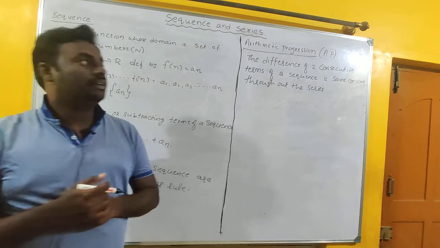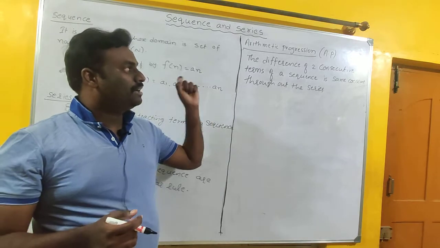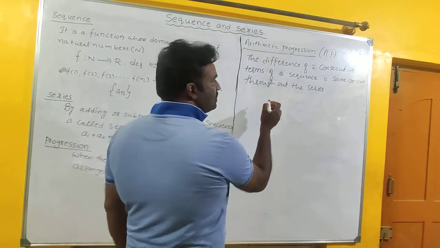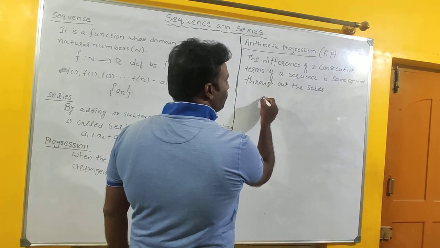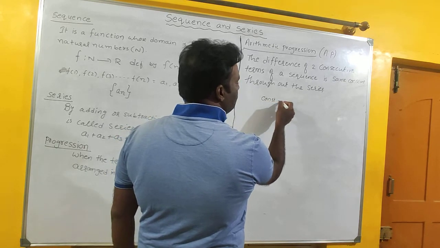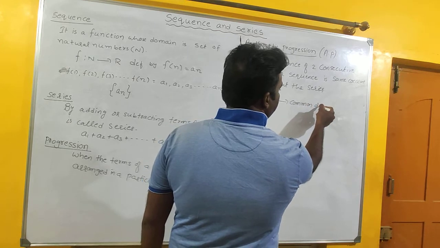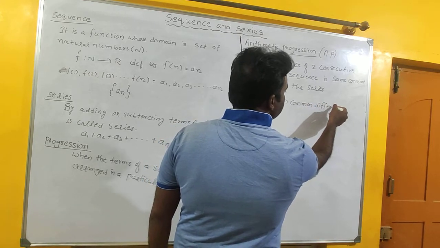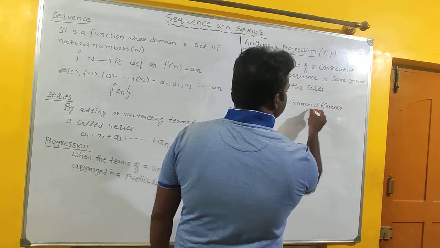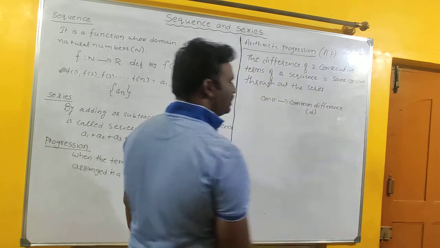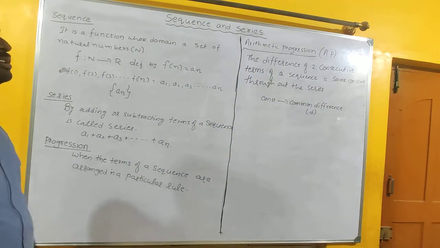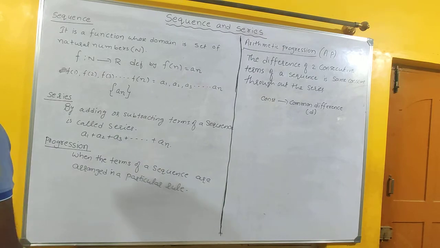This is called arithmetic progression. This constant is called the common difference. This common difference is denoted by the letter small d.